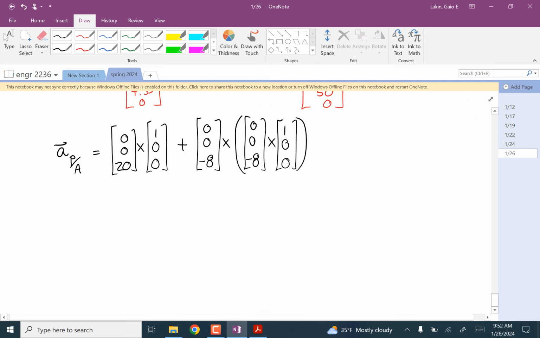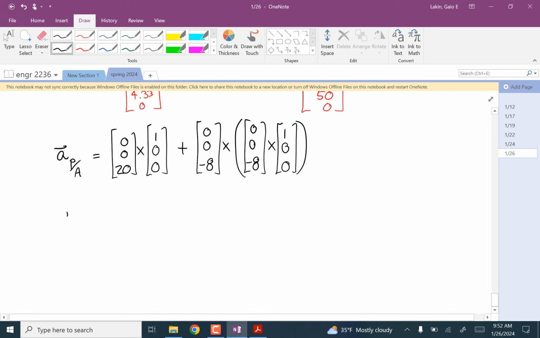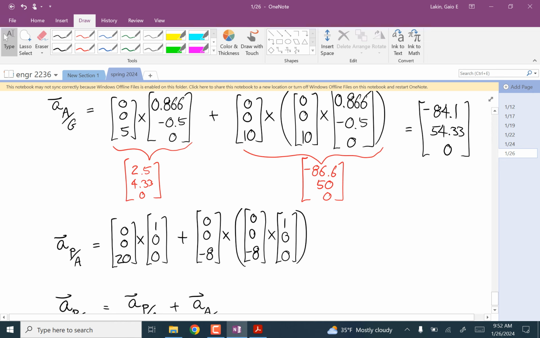And then once we calculate that, we're going to say the acceleration of P relative to G is equal to the acceleration of P relative to A plus the acceleration of A relative to G. Any questions about the flow of this?